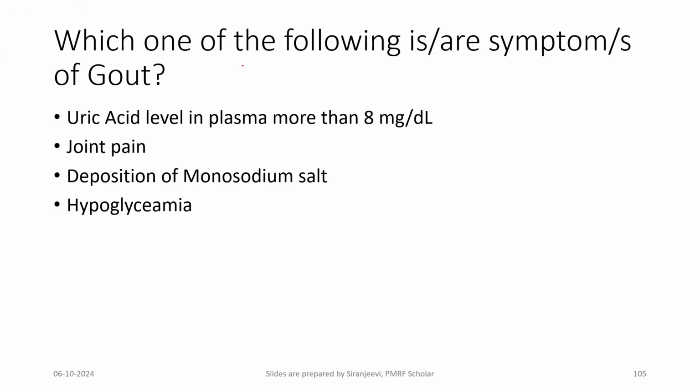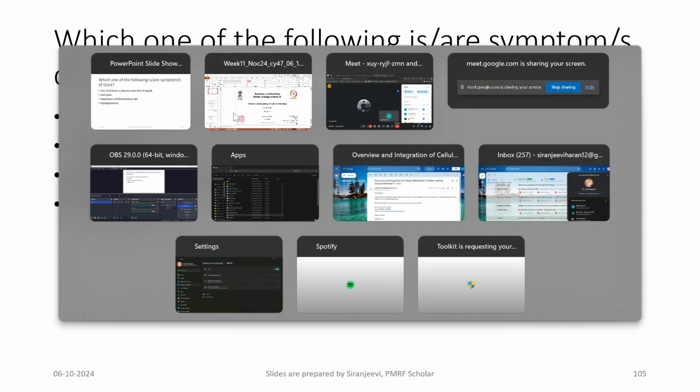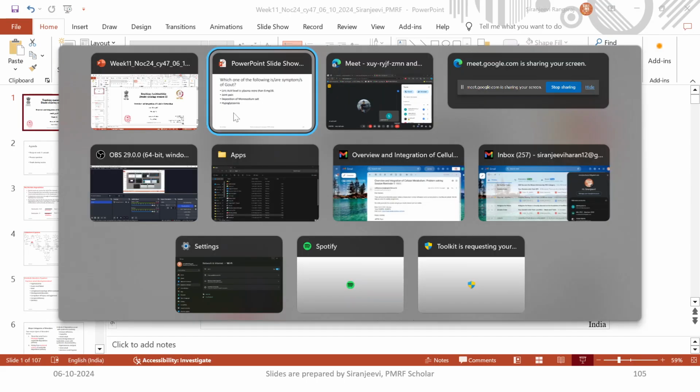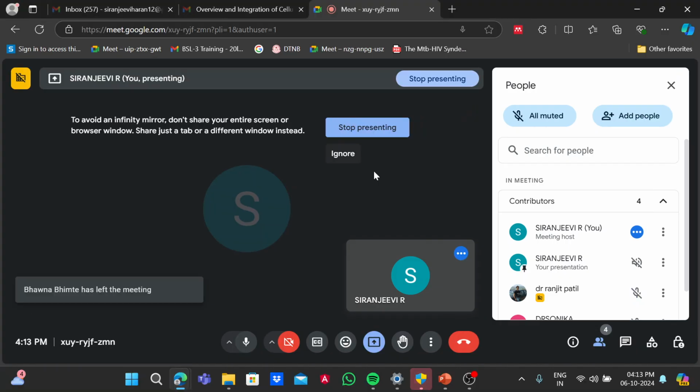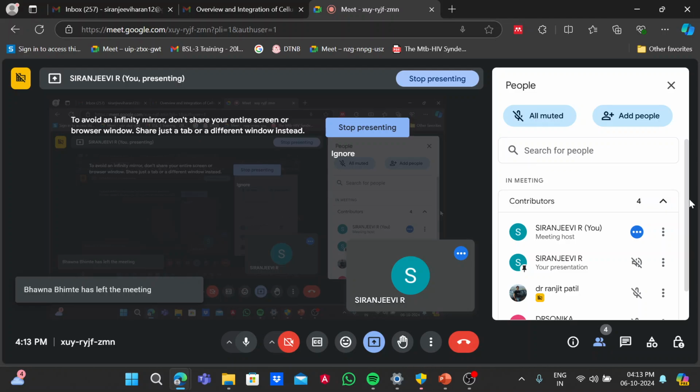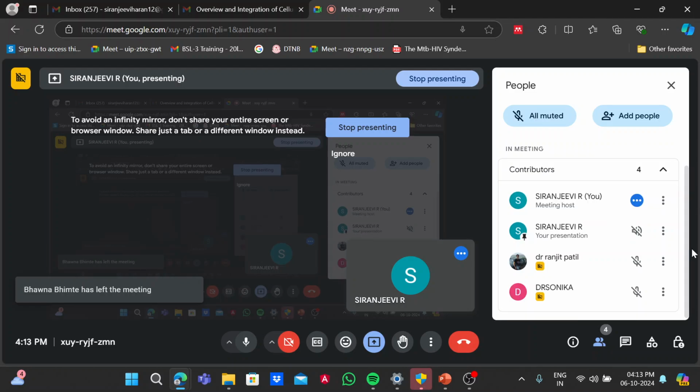Which one of the following is a symptom of gout? Are you there?